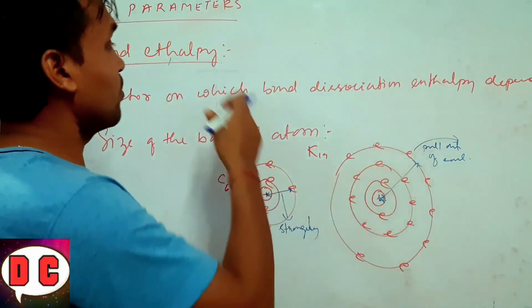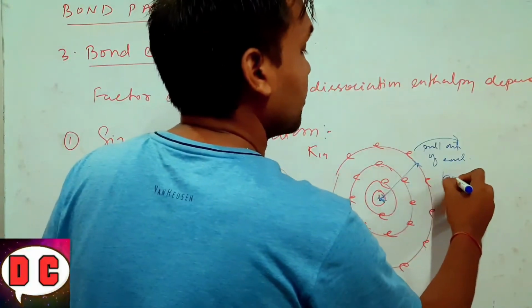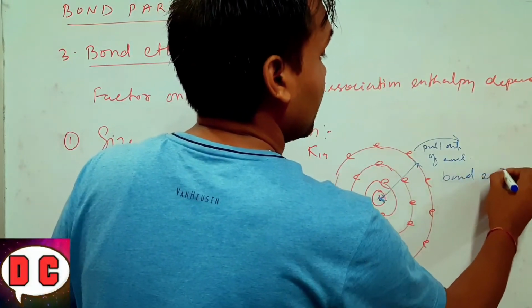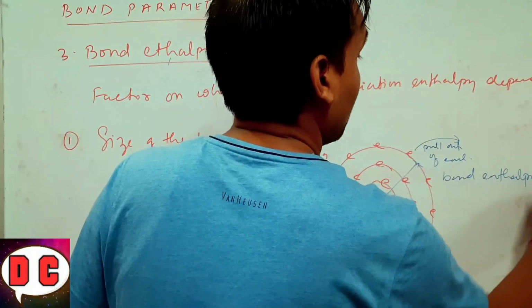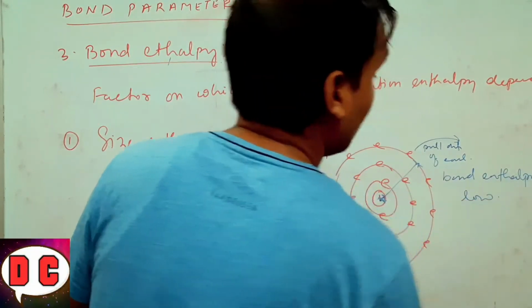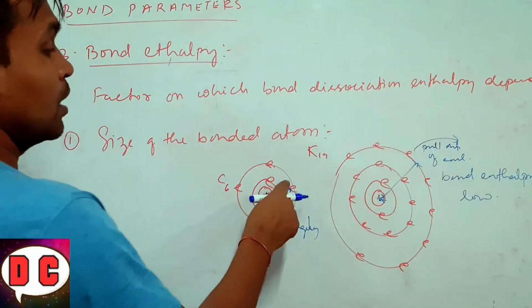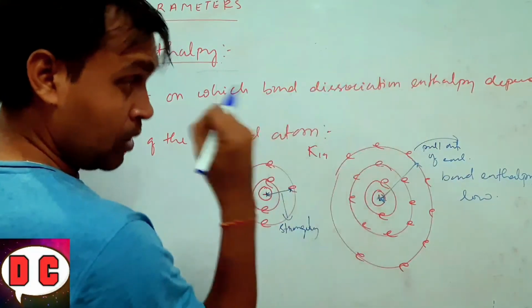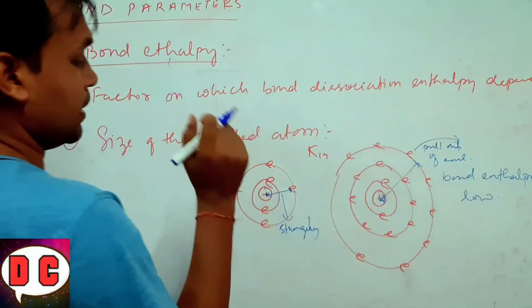Easily pulling out means we don't need to apply much energy, so bond enthalpy will be low here with the bigger size. Whereas in the smaller atom, the nucleus is having proper control on the outermost electrons. The outermost electron is properly attracted by the nucleus.